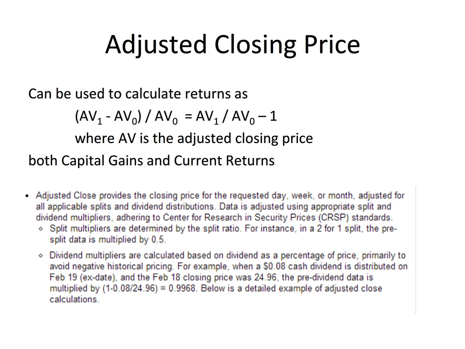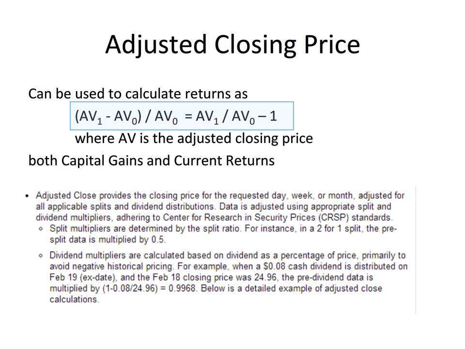We can also use it in the calculation of geometric means. Here we have the adjusted closing price. You can see the formula here: ending closing price minus beginning closing price divided by beginning closing price. That will give us our total return.